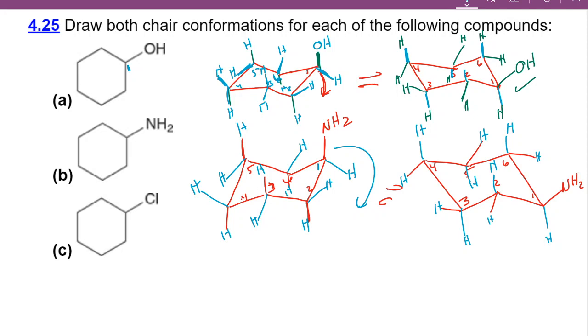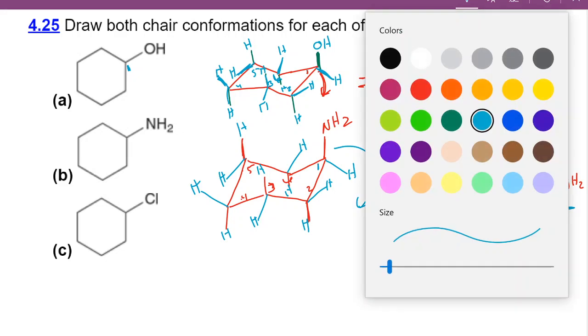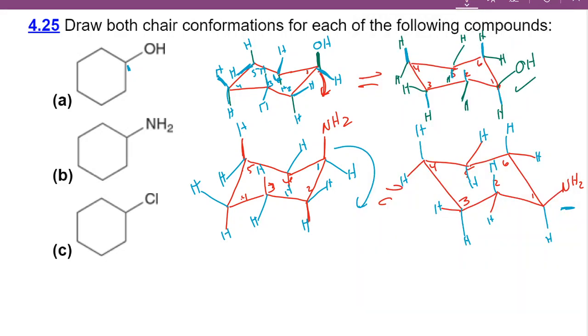Okay? So let's draw the last. So which one is lower energy? The one where our amine group is equatorial. Now our last molecule is exactly the same. It's just got a chlorine on it. So our 2 positive slope parallel lines, and then fill in with the rest. Number the molecule 1, 2, 3, 4, 5, 6.